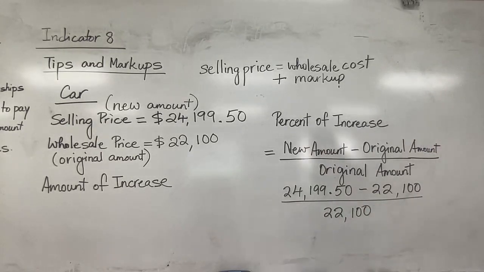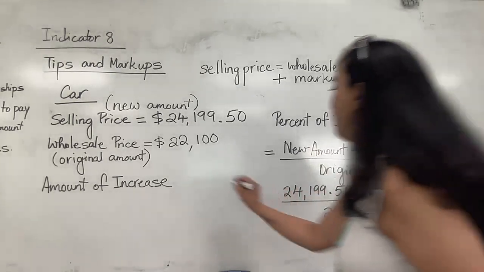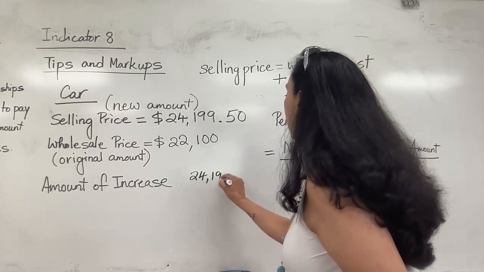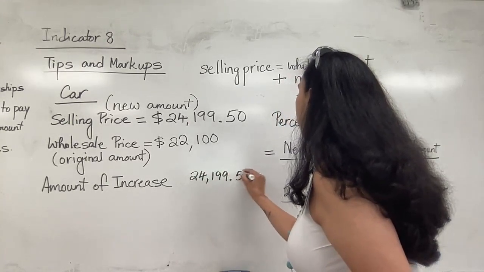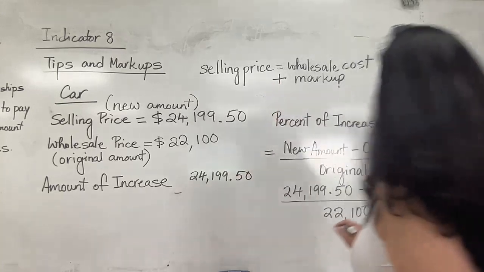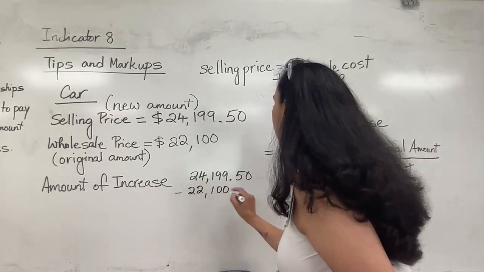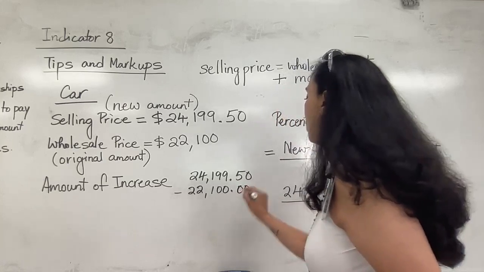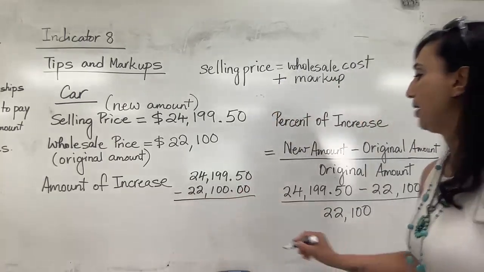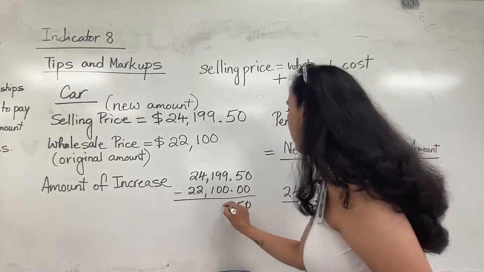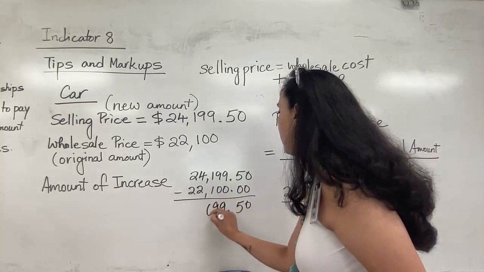Okay, so now when I subtract 22,100 from 24,199 and 50 cents, I annex my zeros here, and so decimal under decimal, subtraction.